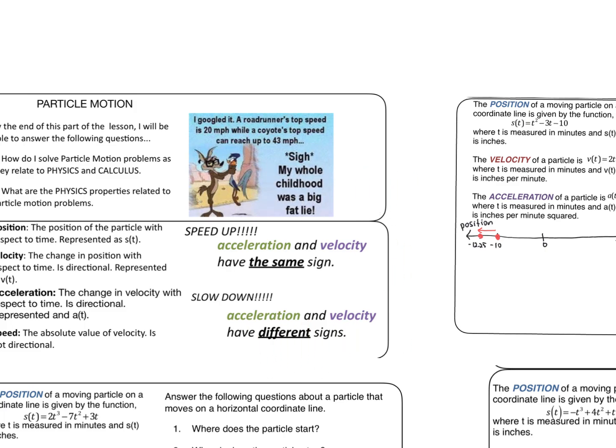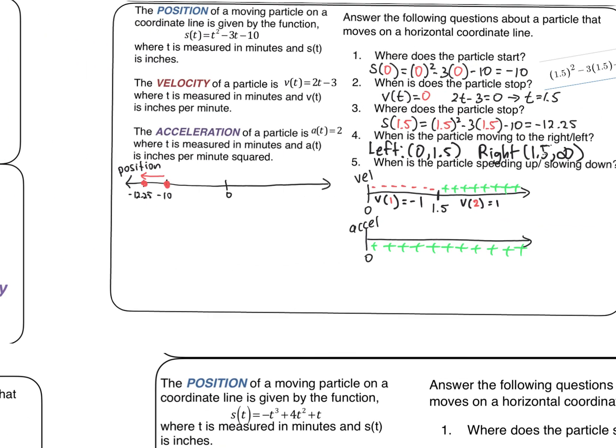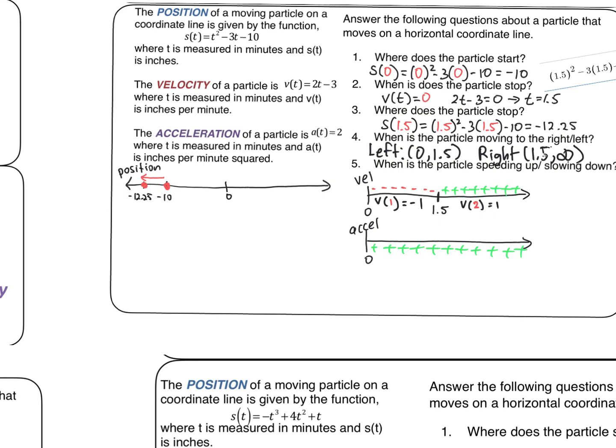And so what we're looking at is the following. Let me go ahead and draw this line here. If I look in this area, velocity is negative and acceleration is positive.